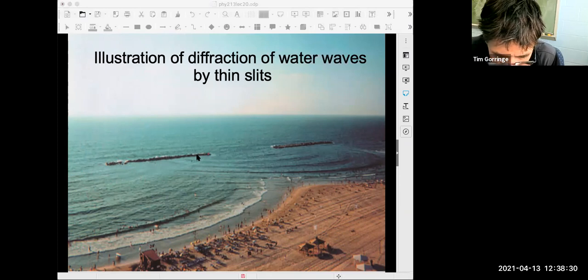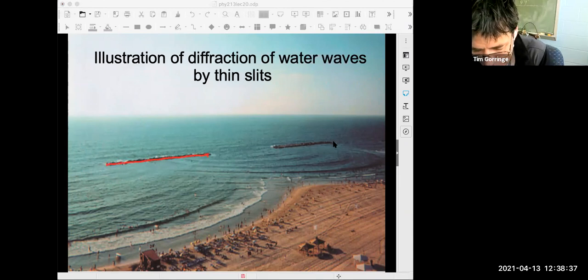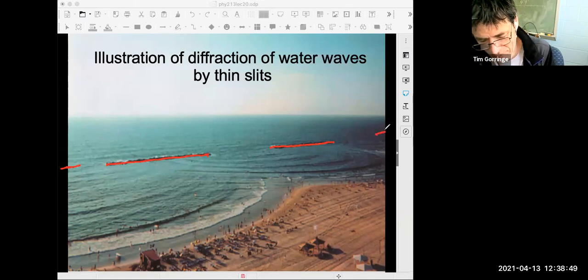Here's a barrier, if I can draw it. Here's another barrier. Over here on the far left, there's also a barrier, and over here on the far right, there's another barrier.